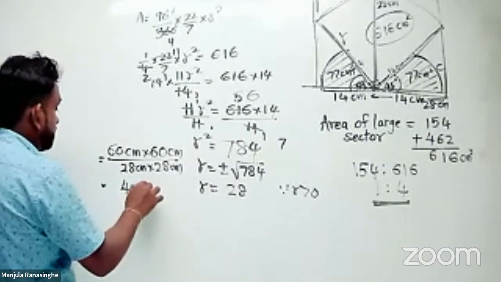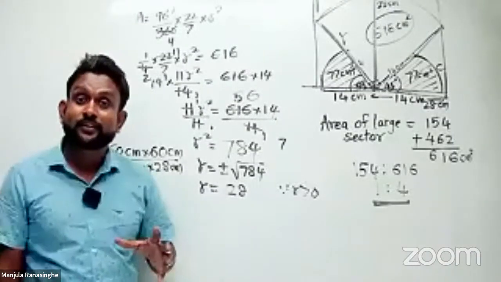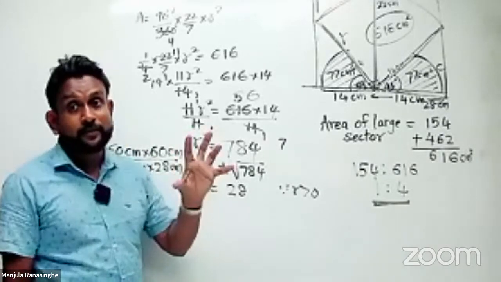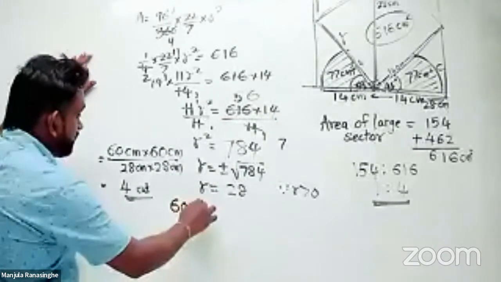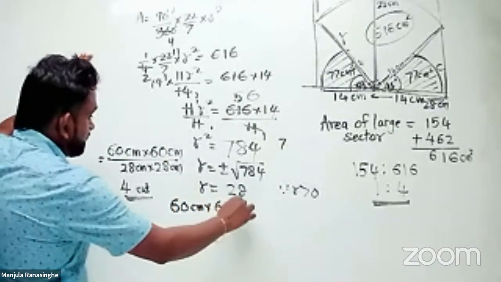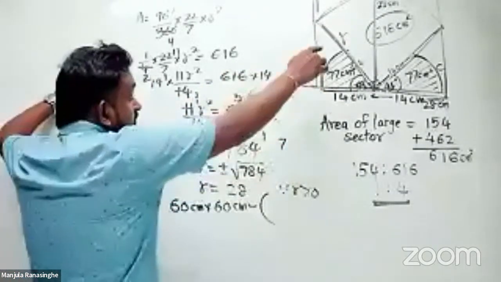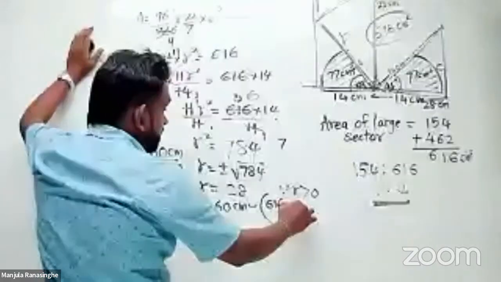4 can be cut, right? Then the wasted area is, take the total area, 60 by 60 is the total area of the square, then subtract the area of this net. What is the area of this net? 616 plus 154.